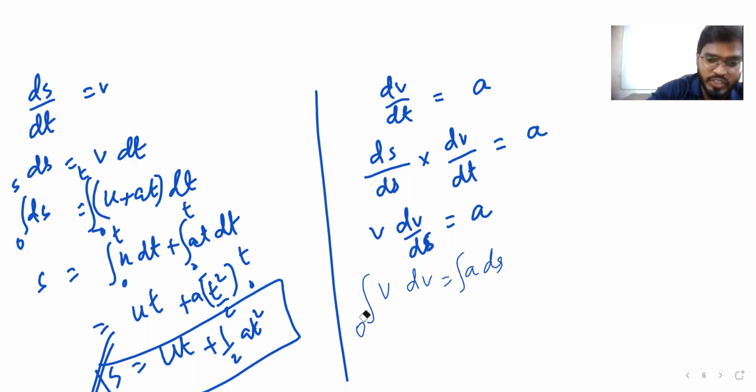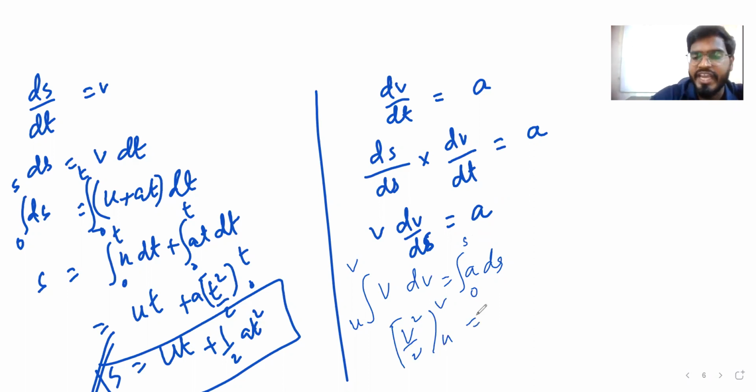The limits are u to v, not 0 to v, initial velocity to final velocity, and 0 to s. Anyway, x dx integration is x square by 2, so v dv integration is v square by 2, right? So v square by 2 with limits u to v, and a ds is a s only.